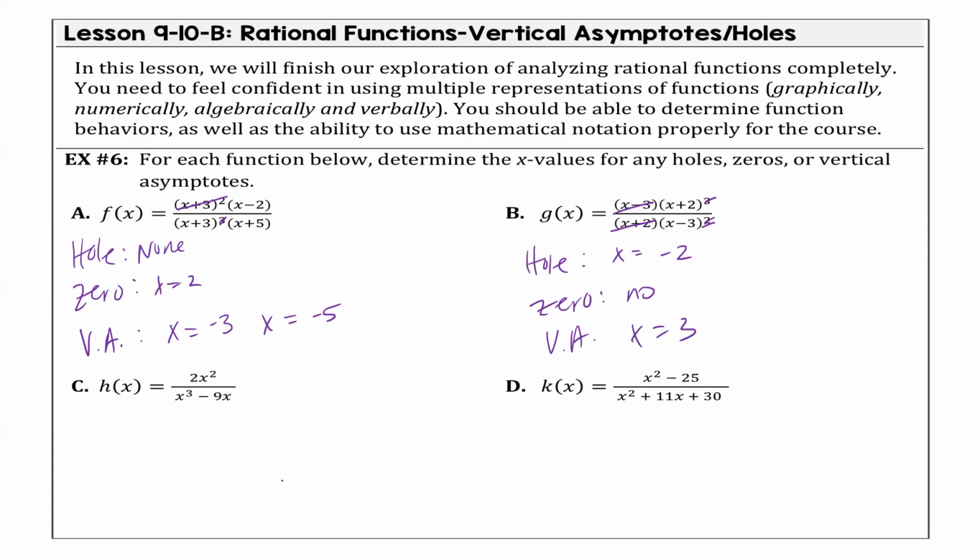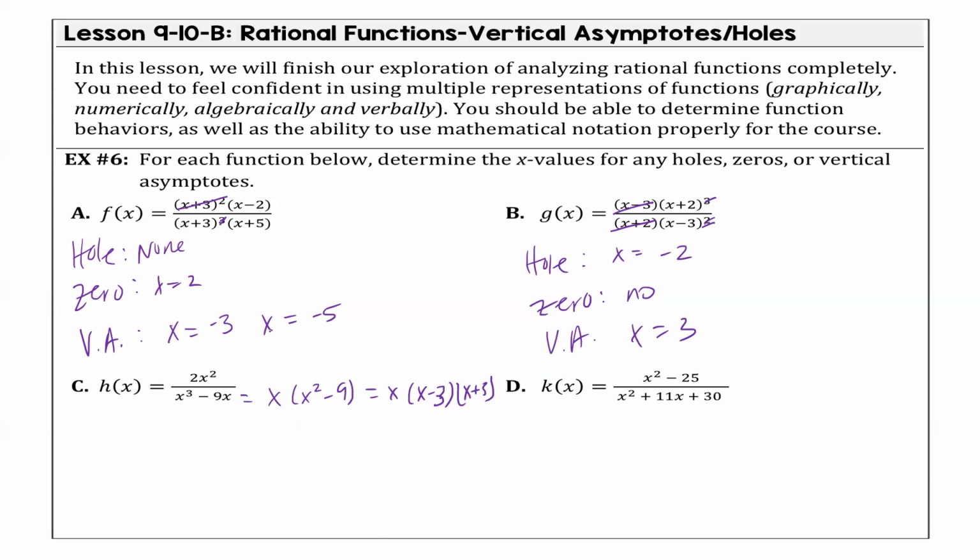Oh no, it's not factored in the denominator. What do we do? We factor it. We get x squared minus 9, which becomes x minus 3 times x plus 3. That's your actual denominator. It's 2x squared.